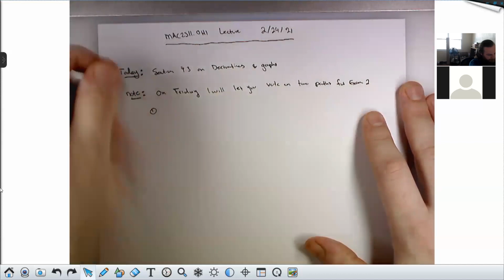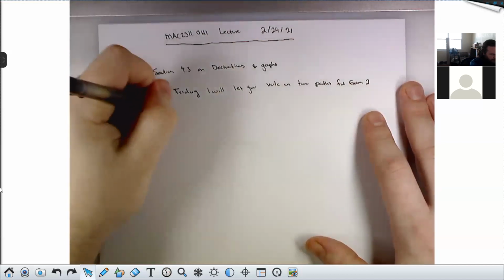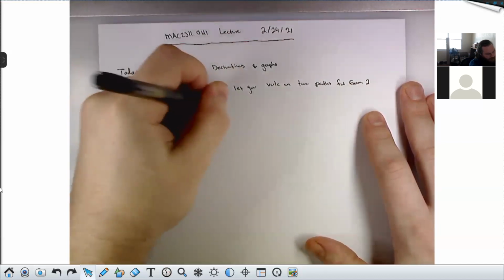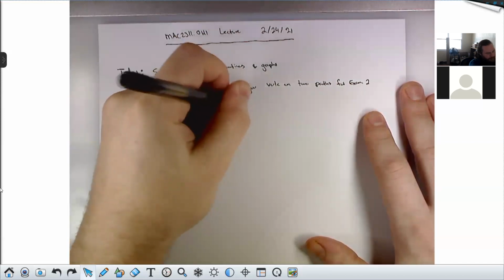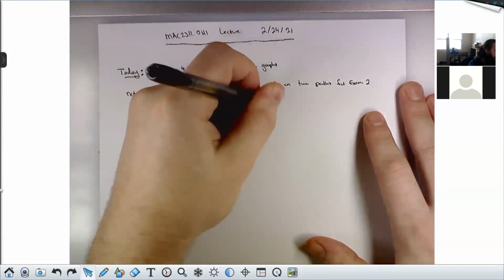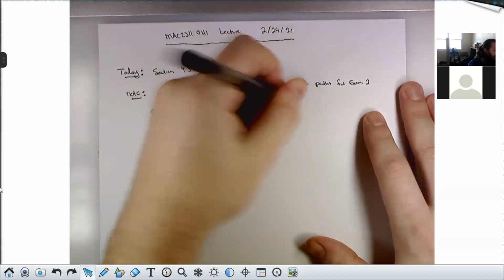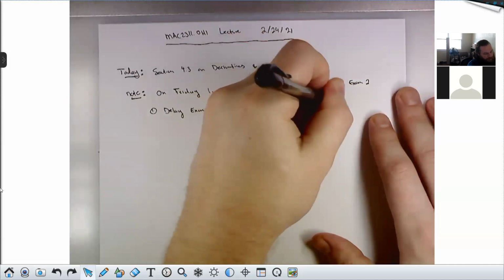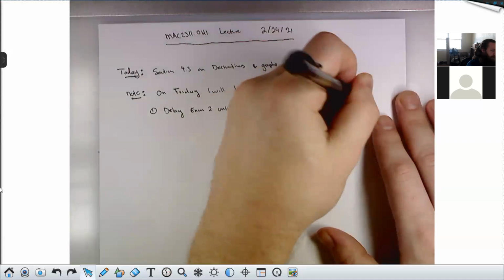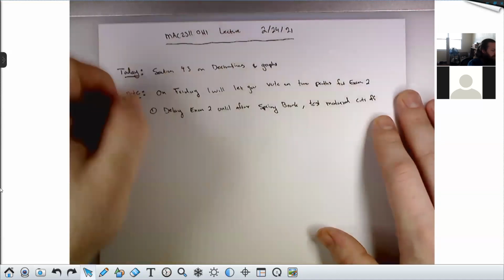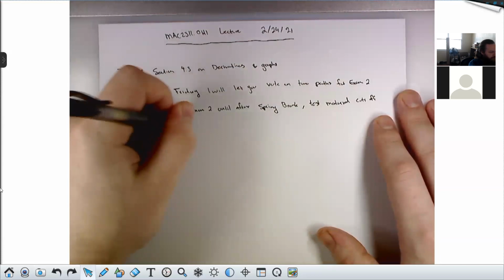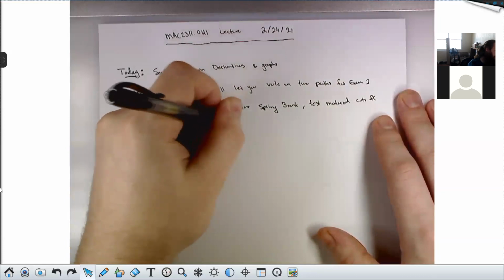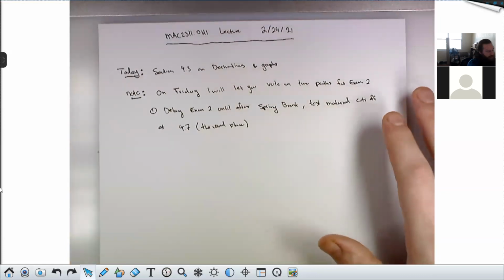The first path is that we delay the test until after spring break, and test material cuts off at section 4.7, which is the normal place. That section is on applied optimization.